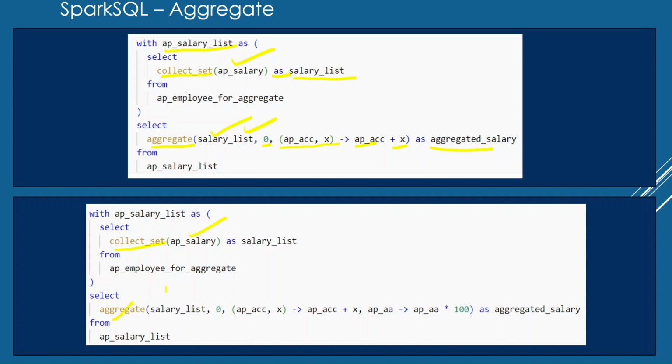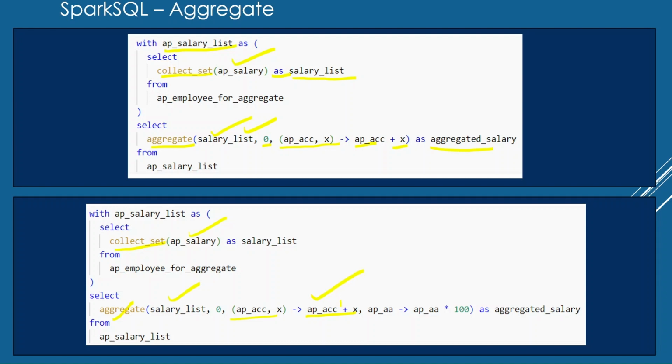Here we are also doing this aggregate, and the column which we are using is salary list. Here we are also writing a lambda function. The lambda function will reduce all the values into a single value with the help of an aggregate function.